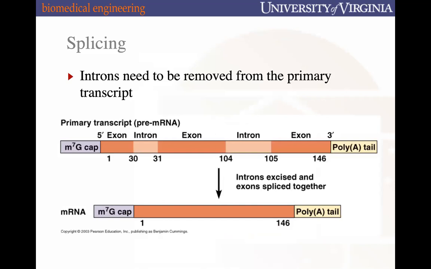When you look up a specific gene and look at what the primary transcript looks like, when you're counting the nucleotides it's actually quite interesting, where perhaps the first exon will be 1 to 30, and the counting will jump over the intron and pick up on the next exon, so that when you look at the mature mRNA, it's only a continuous count of the nucleotides present within the mature mRNA.